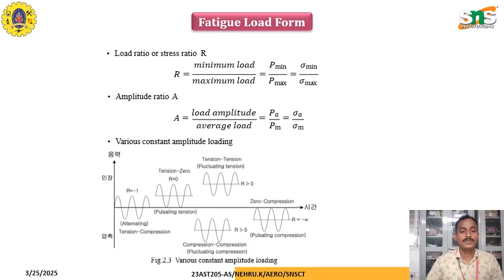For fatigue loads, the load ratio or stress ratio, which we call R, is the minimum load divided by the maximum load, that is sigma minimum by sigma maximum.